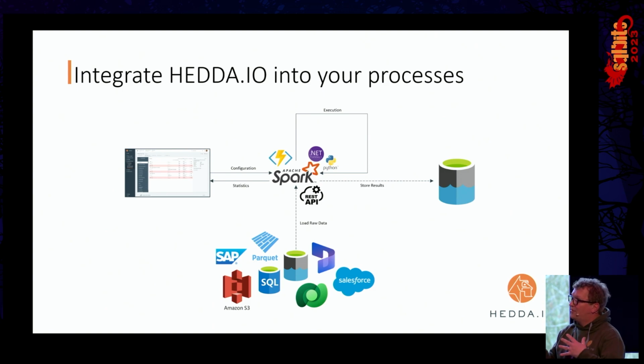So you do not have to do anything in Header. The only thing that we push back to our system is statistics. We want to understand the data quality, and we want to capture the data quality for the data steward to understand the actual situation.